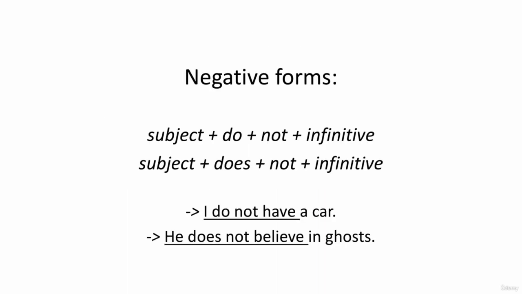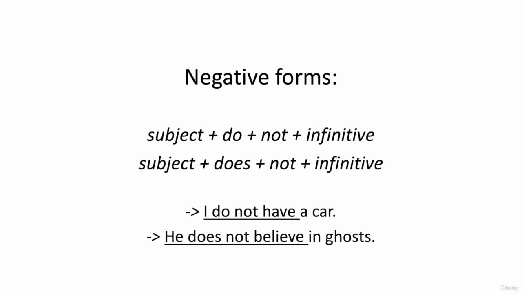Great work! Now we can move on to learning about how to form negative sentences in the present simple. To form the negative with action verbs, we use the word not with the auxiliary verb do. Subject plus do plus not plus the infinitive verb.